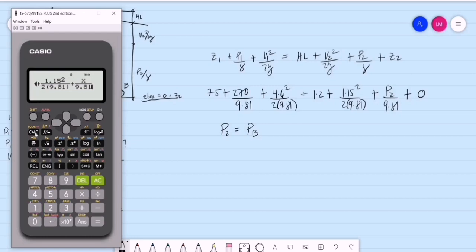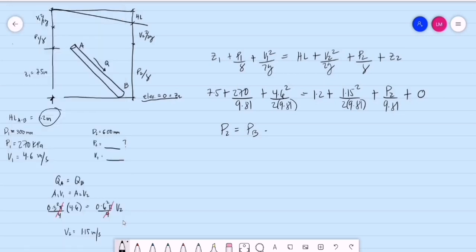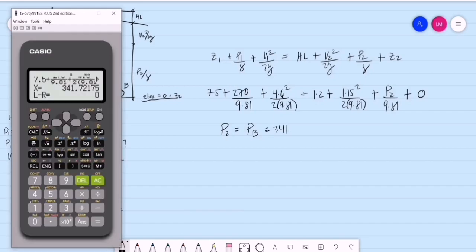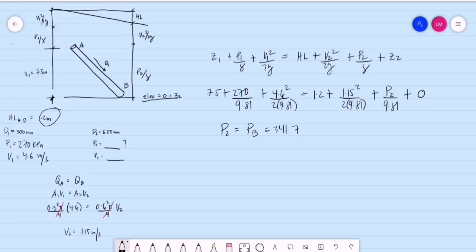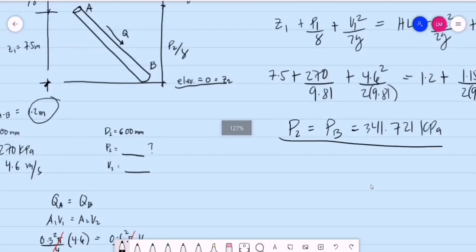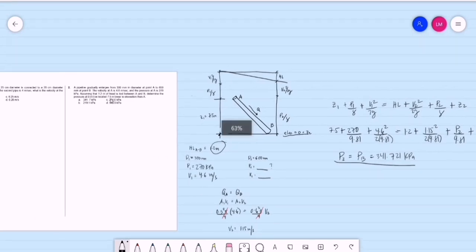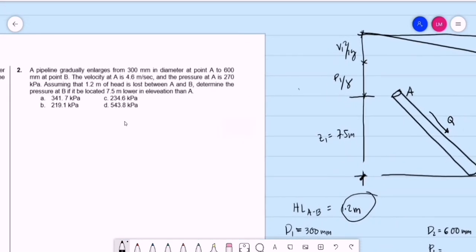Again, we are just doing shift solve. So the pressure at point B is now equal to 341.721 kilopascals. So we check that on our choices. We have that value, 341.7 kilopascals, so our answer will be letter A.